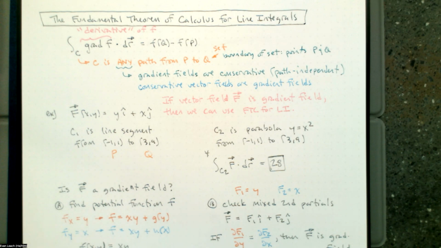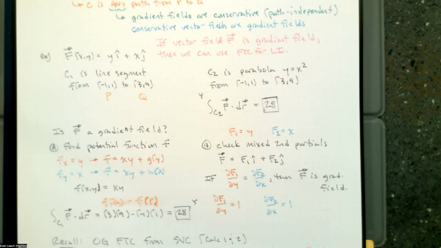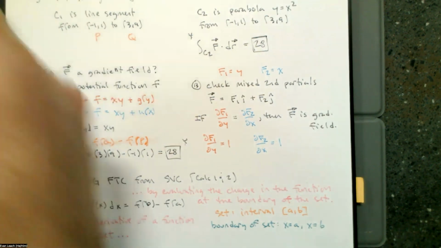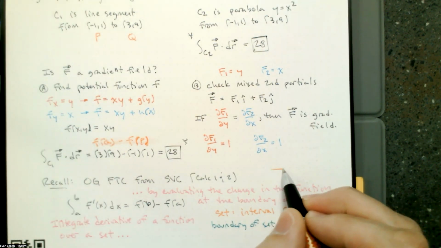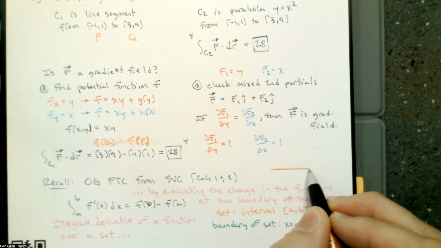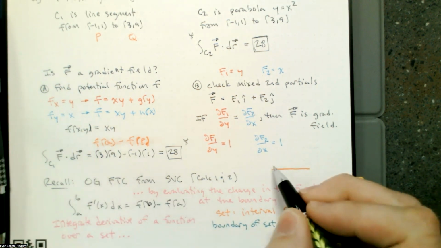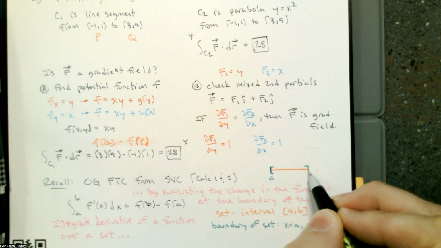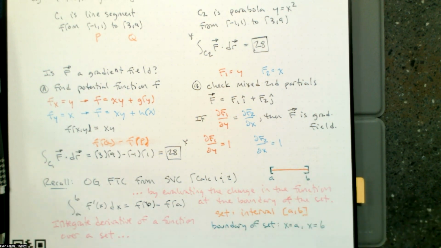For a function of a single variable, the set is very simple. It's just an interval from A to B. And the boundary of a set is just the point A and the endpoint B, just the 2 endpoints.